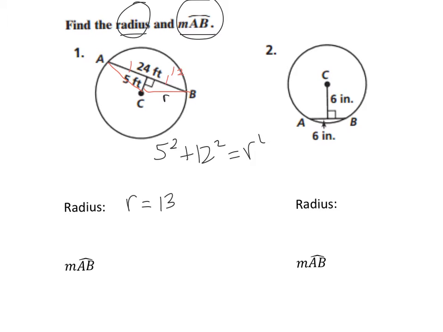So to find the measure of this arc, what you could do is, we had to figure out the degree right here. So I'm going to draw this triangle right here a little bit bigger.